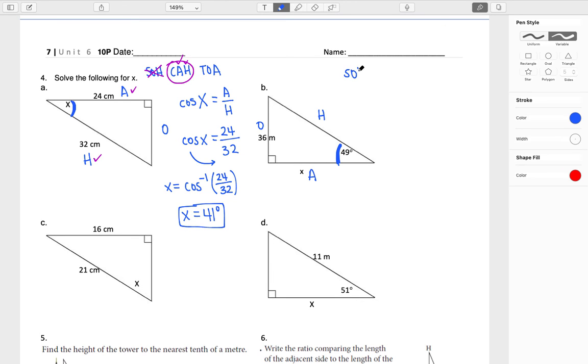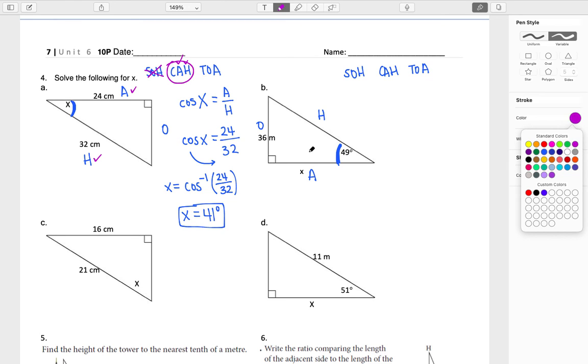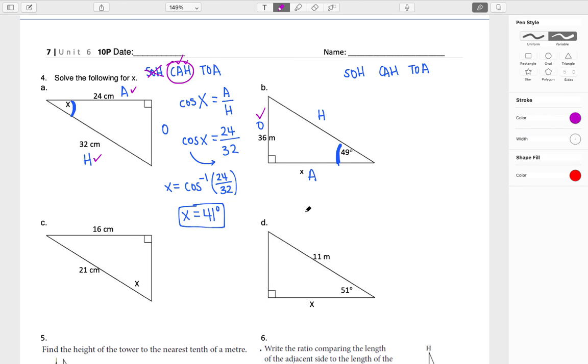So let's write down SOHCAHTOA. And so I have opposite, and I'm looking for adjacent. And a formula that contains O and A is TOA.